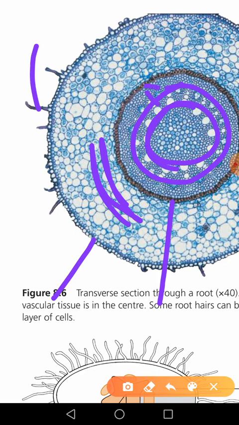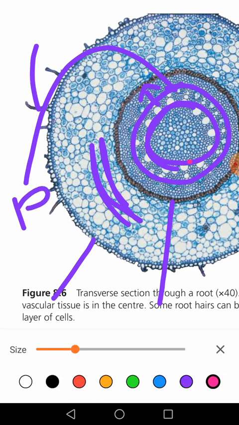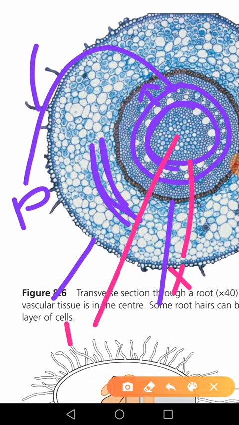This layer is close to the outside, so this must be the phloem. This layer is close to the inside, so this layer is the xylem. And the inside is what we call the pith, the storage tissue. And the cortex is also storage tissue.